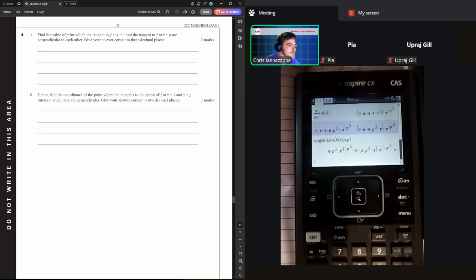Find the value of p for which the tangents at x equals 1 and x equals p are perpendicular to each other. Okay, that's going to be fairly nice. Got to figure out what's the key thing about perpendicular lines.